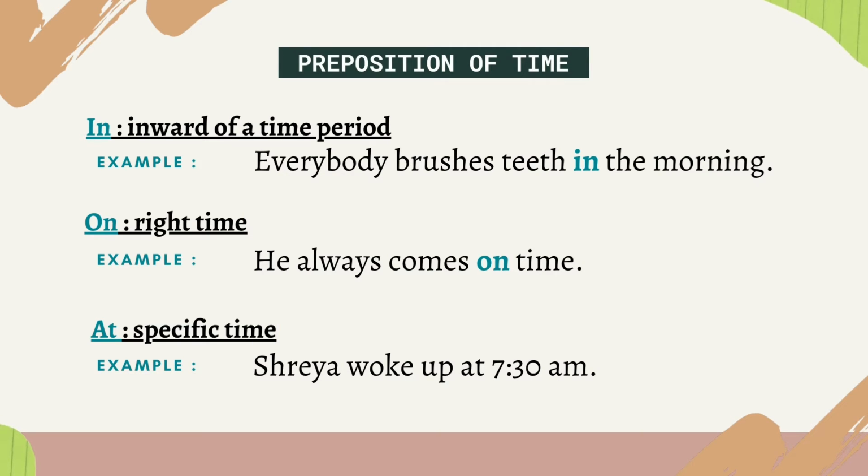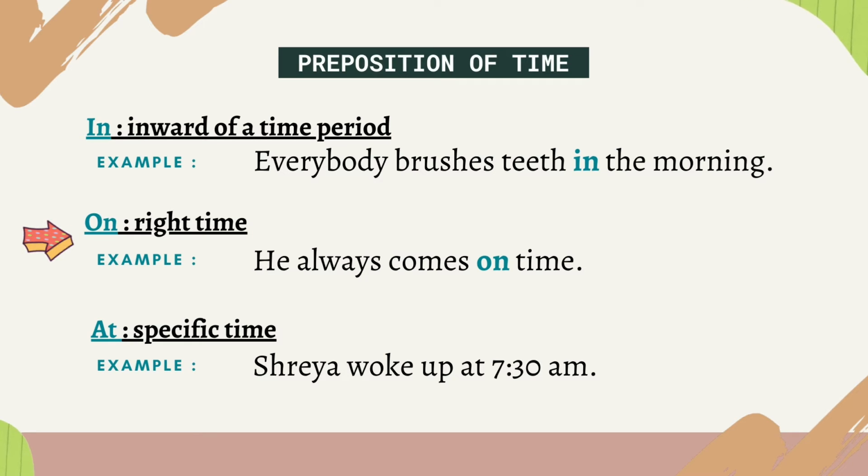The preposition in shows inward movement of a time period. We can see in the example, everybody brushes teeth in the morning. Next comes on. The preposition on shows right time. In the example we can see, he always comes on time.